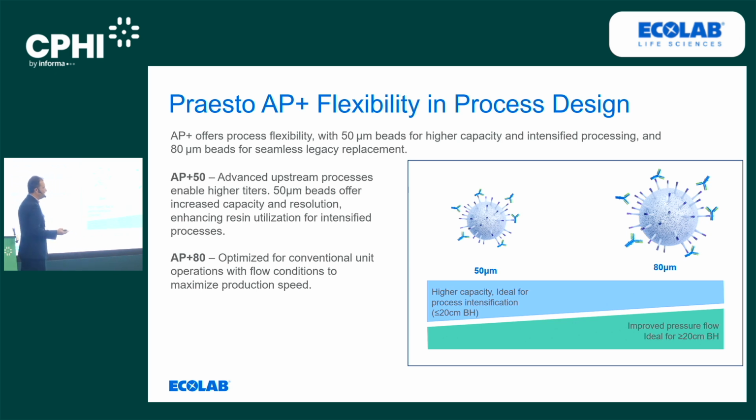So you will have a Protein A resin that will still have a very high binding capacity, while also showing a very good resolution for separating the molecules. This resin will excel in applications where the bed height will be ranging between 10 and 15 centimeters. This is where you can get the most profitability in terms of efficiency and in terms of productivity.